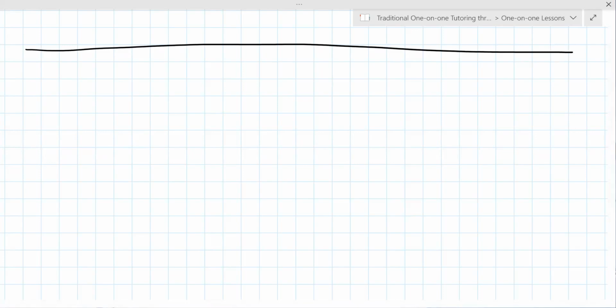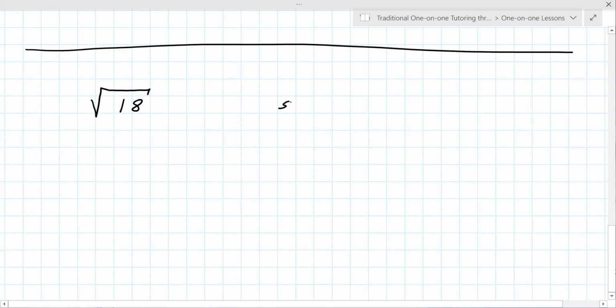Do you have some pencil and paper out? Okay, so let's look at the square root of, let's go with 18.